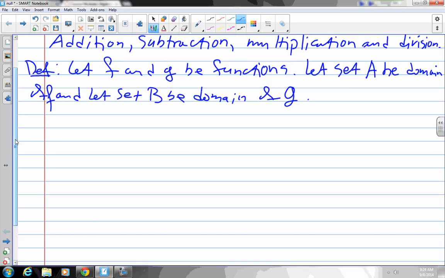Then we define the following, and here's a special notation. For the addition, we use this notation, (f + g)(x). This is a new function that is defined as an addition of f and g, which literally means take f(x) and add g(x) to it. So it's f(x) + g(x). That's just a new notation.